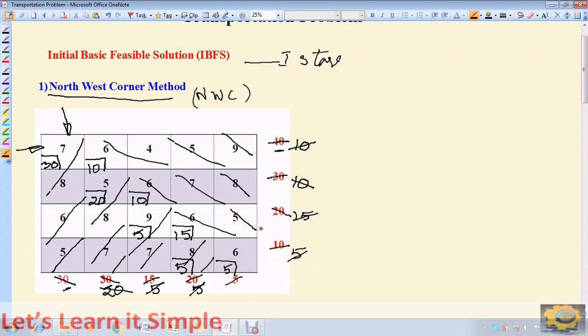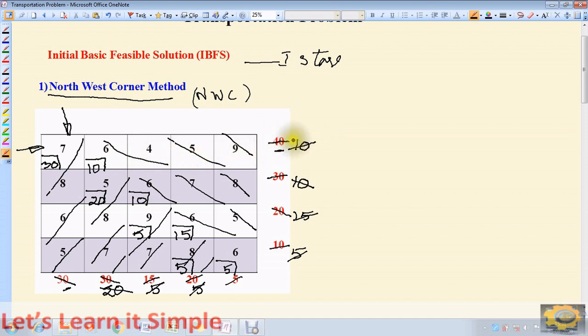After allocating the resources, row wise as well as column wise, you have to verify whether the original values are allocated in the corresponding rows and columns. So you have to verify that row and column restrictions are not violated. Now you can check the first row: 30 plus 10 is 40, the original value.